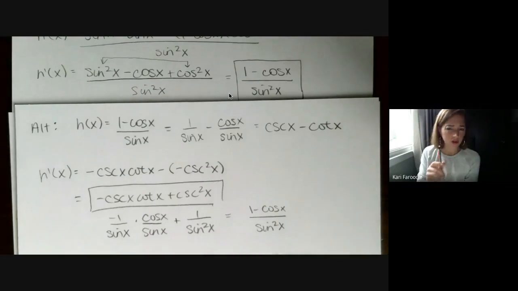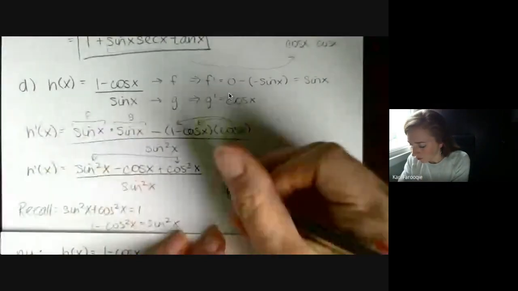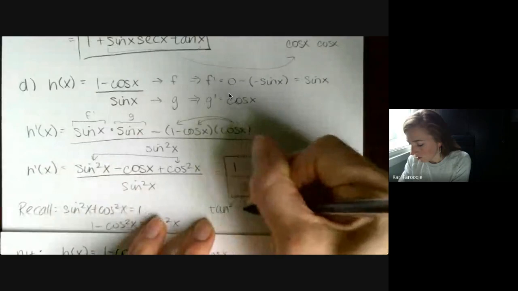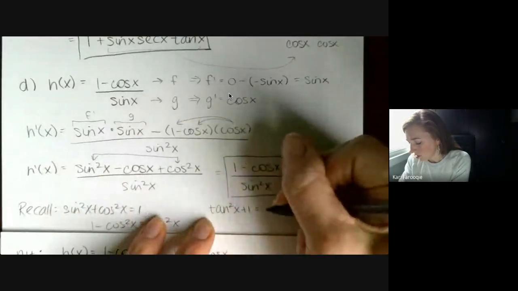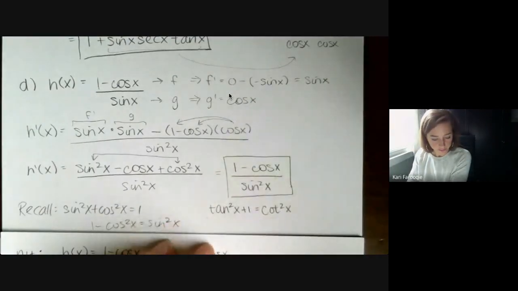When I put that trig cheat sheet up for you guys on D2L, and some of you I know printed it out and used it on your last test, feel free to do that. But there are 2 other Pythagorean identities that you might find useful if you want to write them down. One of them was tan squared x plus 1 is secant squared.